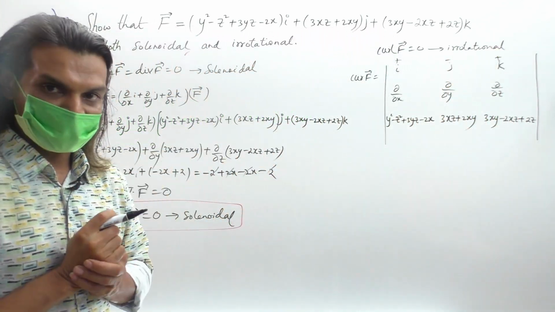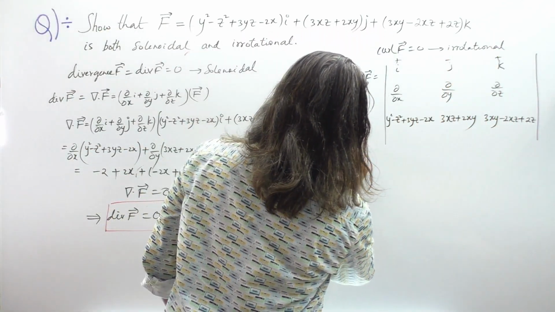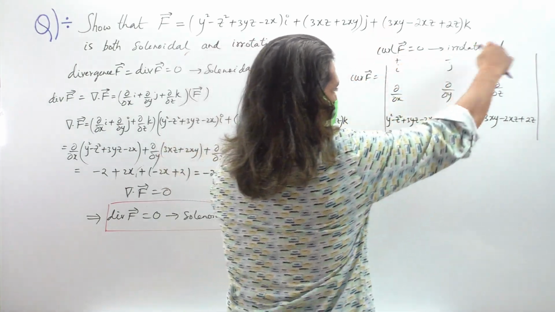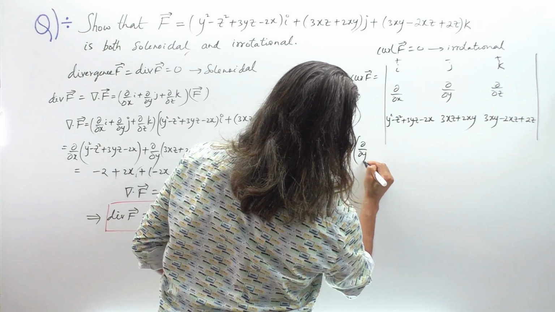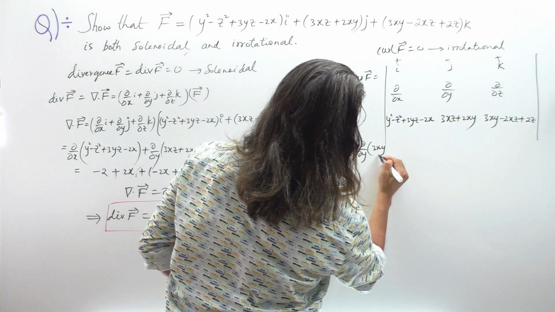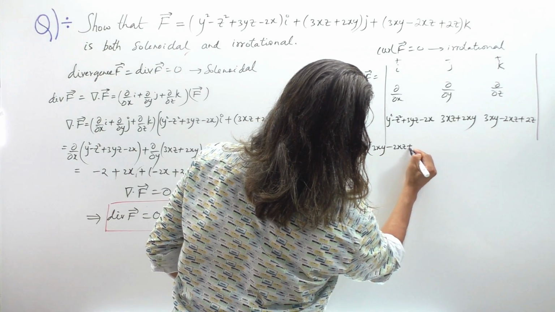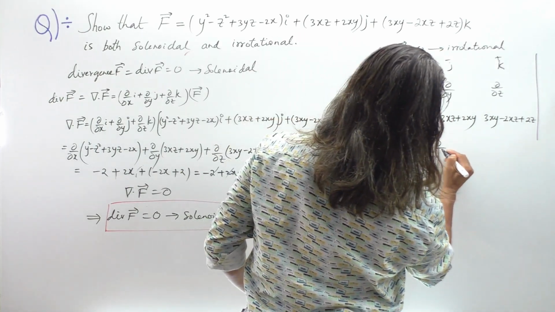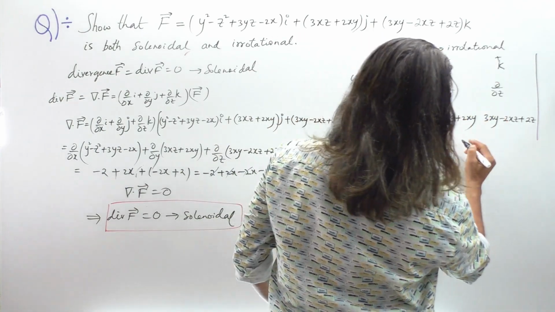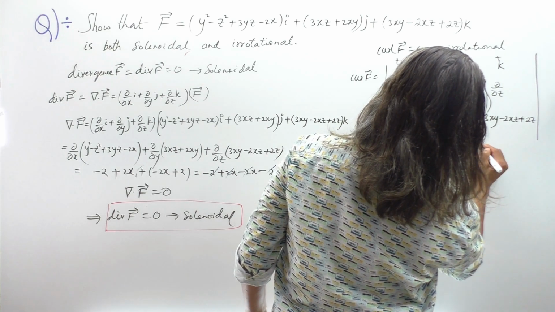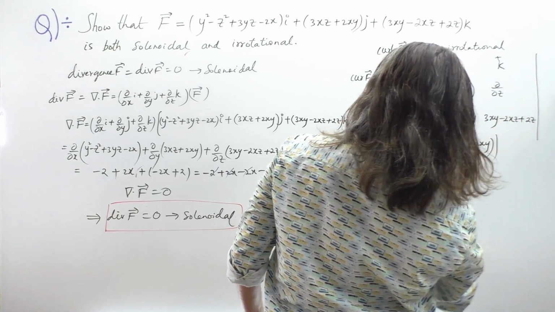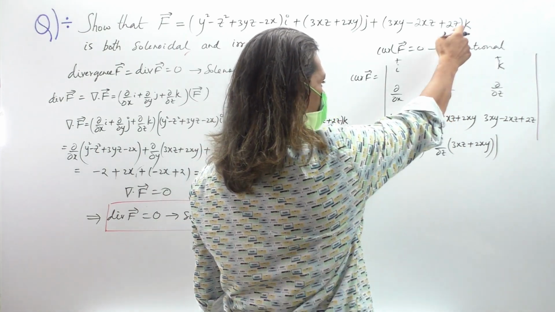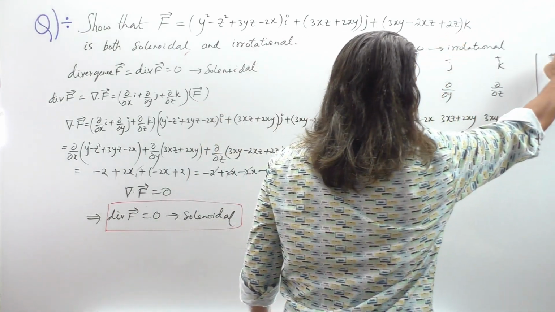Let's solve this carefully. So we have this as i into, see the column with i and the row with i go, we have ∂/∂y of (3xy minus 2xz plus 2z) minus ∂/∂z of (3xz plus 2xy), minus j into, always the second term takes minus, the column with j and the row with j go.